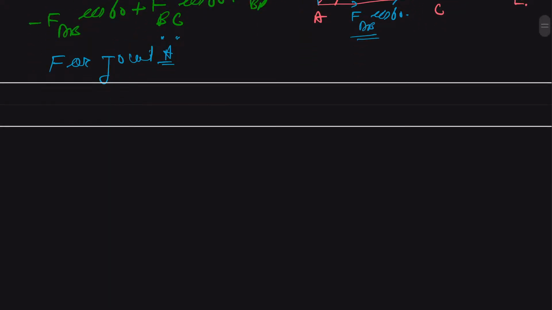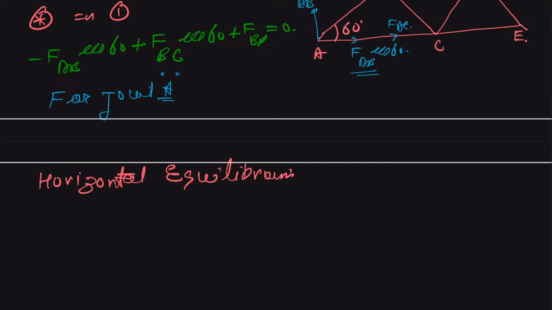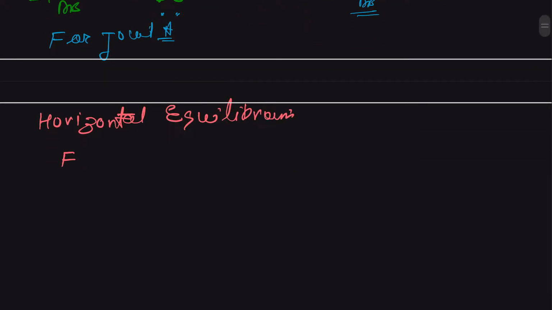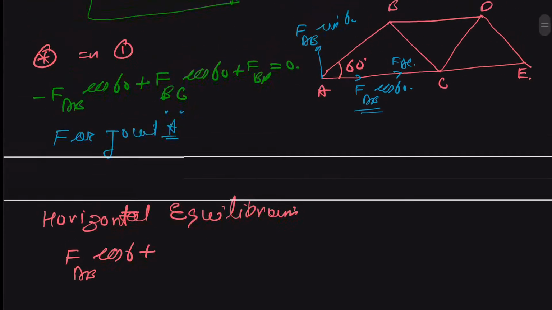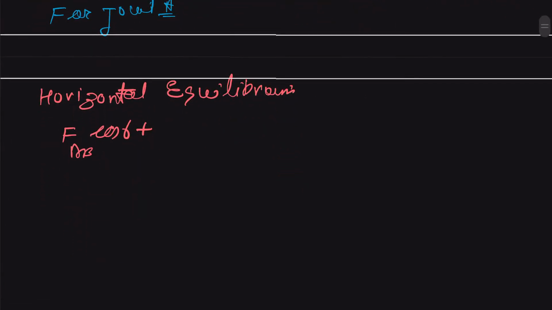So we can say for joint A, horizontal equilibrium, and we can write it as FAB cos of 60 plus FAC is equal to 0.